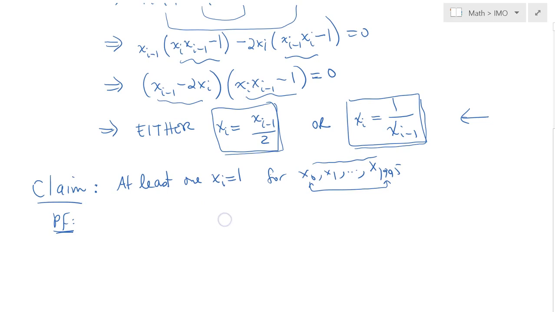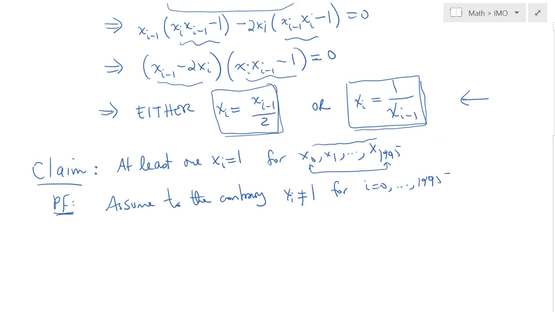So let's first assume to the contrary that no x sub i is equal to 1 for i from 0 all the way to 1995, and I would like to show that this leads to a contradiction.